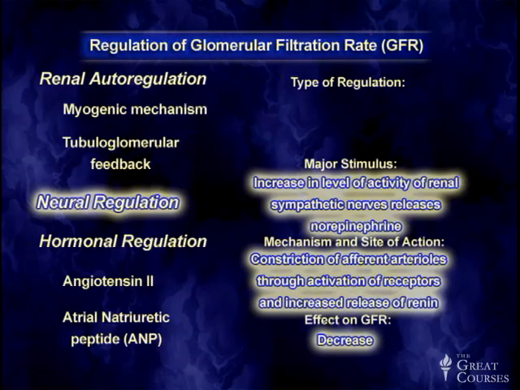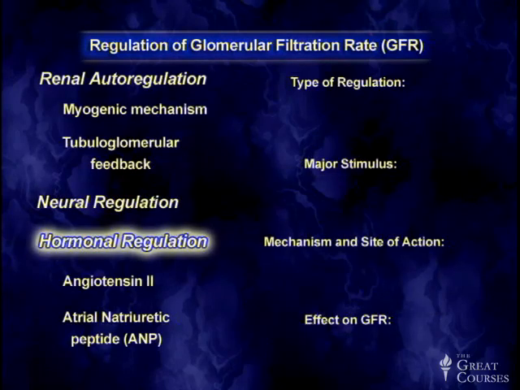All these mechanisms in stress are decreasing the GFR because we want, in most cases, to keep our blood volume intact. Finally, we have hormonal regulation and another new substance called angiotensin II. Angiotensin is a very potent vasoconstrictor.